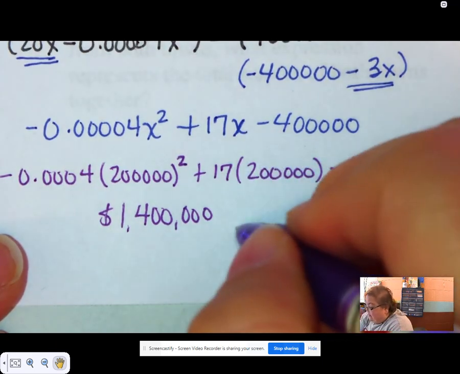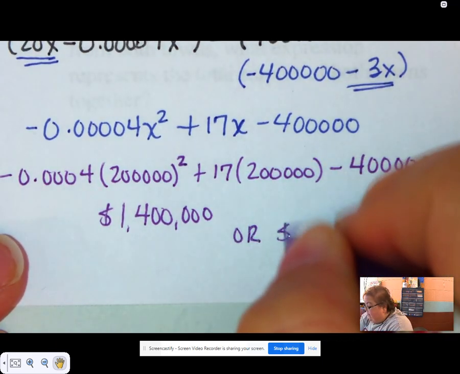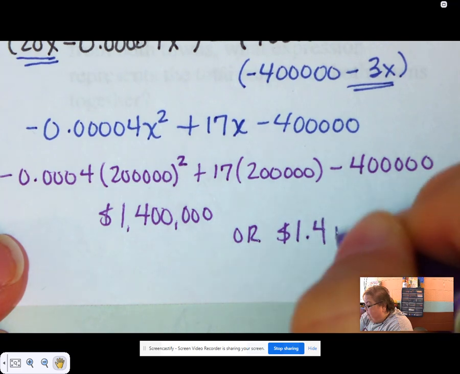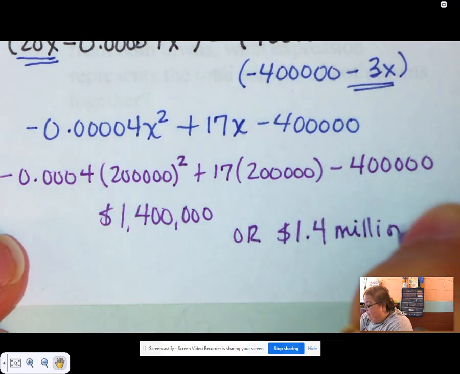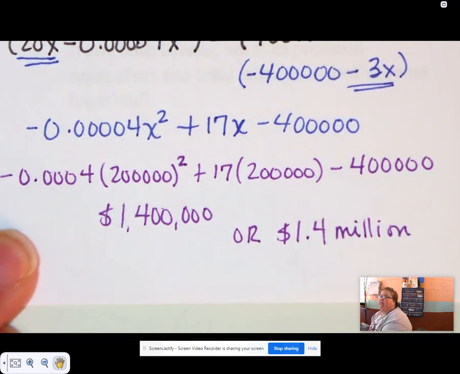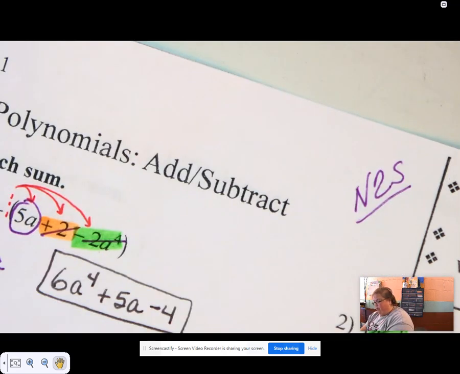Or the other way that that can be said is $1.4 million. It's another way that we say that. So that would be the profit of selling 200,000 toothbrushes. Sales minus cost is your profit. Questions about that?